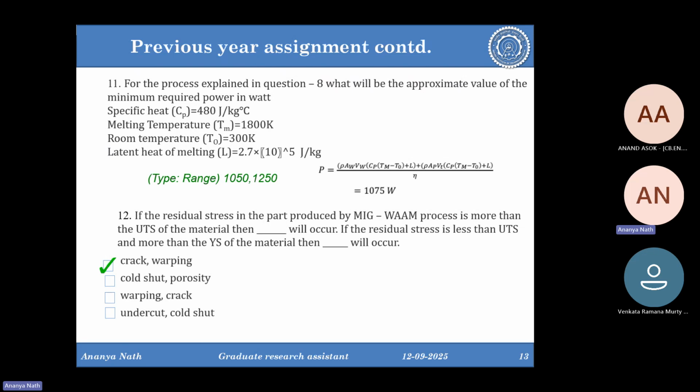If the residual stress is less than UTS, so it's not reaching the ultimate tensile strength, but it's reaching the YS value, then warping will happen.